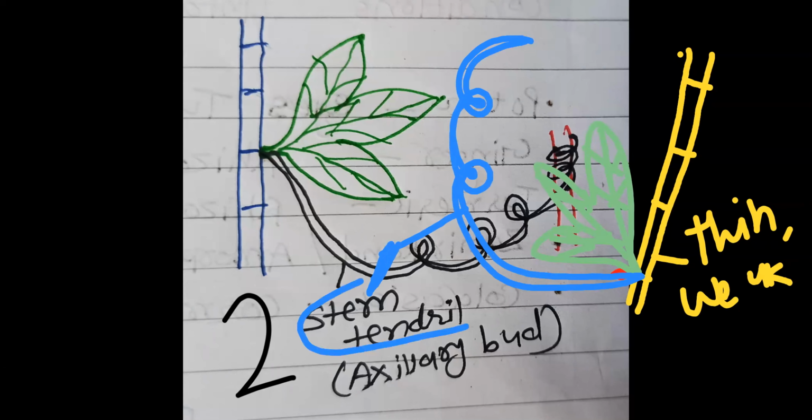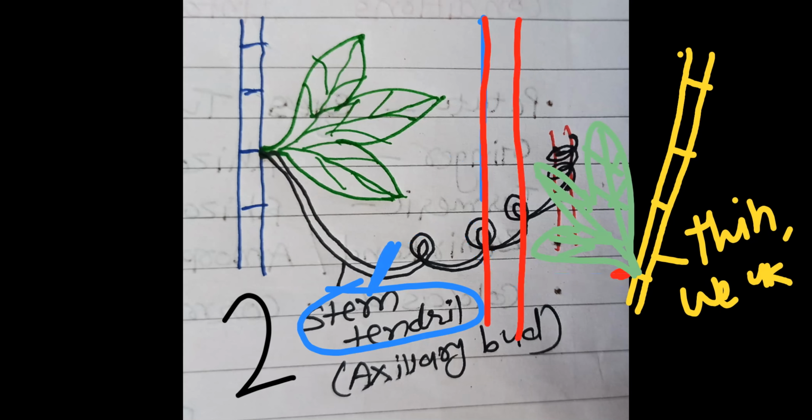This one we call stem tendril. Now, suppose over here any support is there, like another plant growing here.